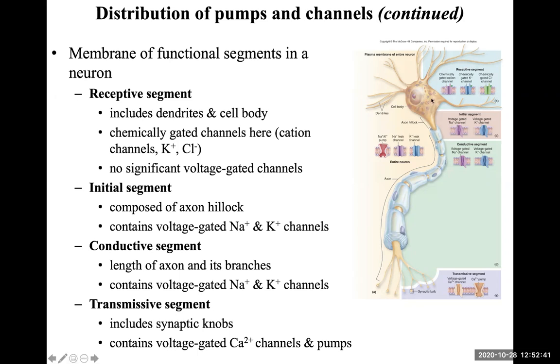If you had a neurotransmitter that opened up the chemically gated cation channels that allow sodium to pass, then based on sodium's concentration gradient, sodium is going to rush into the cell and that will start to depolarize the membrane. But what if you have a neurotransmitter that opens up a chloride channel or opens up potassium channels?